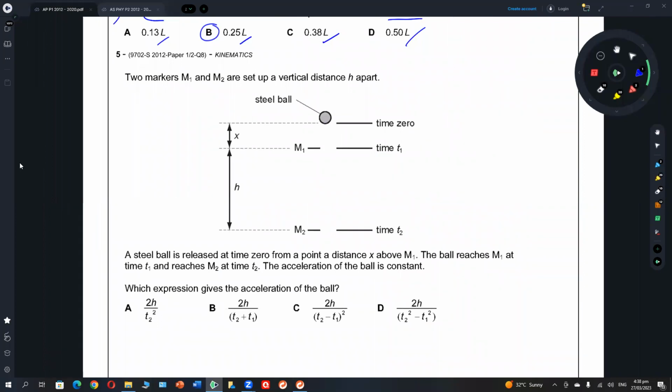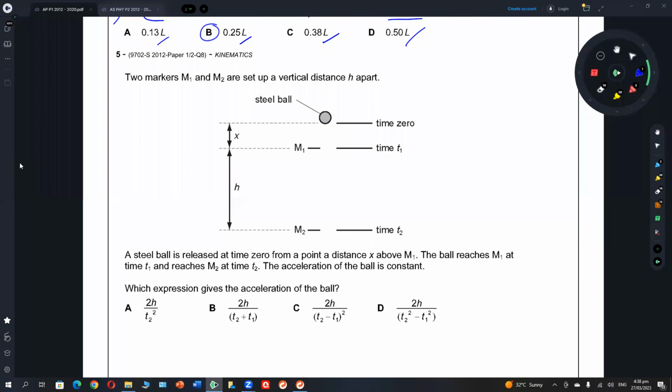The markers M1 and M2 are set up a vertical distance h apart. A steel ball is released at time 0 from a point a distance x above M1. The ball reaches M1 at time t1 and reaches M2 at time t2.